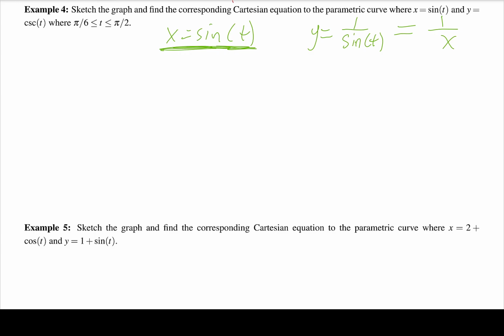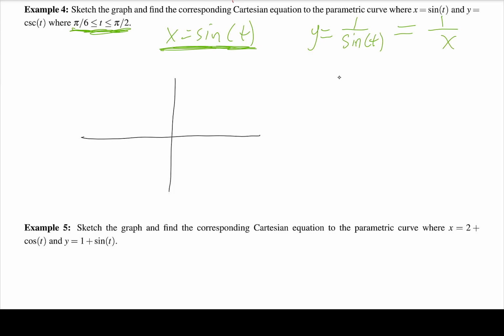And then what I need to be careful of is the domain for the t values. Right? So we know that this function should look something like this. That's the 1 over x graph. And then now I'm just curious about, okay, well, what part of this function lies in these t values?